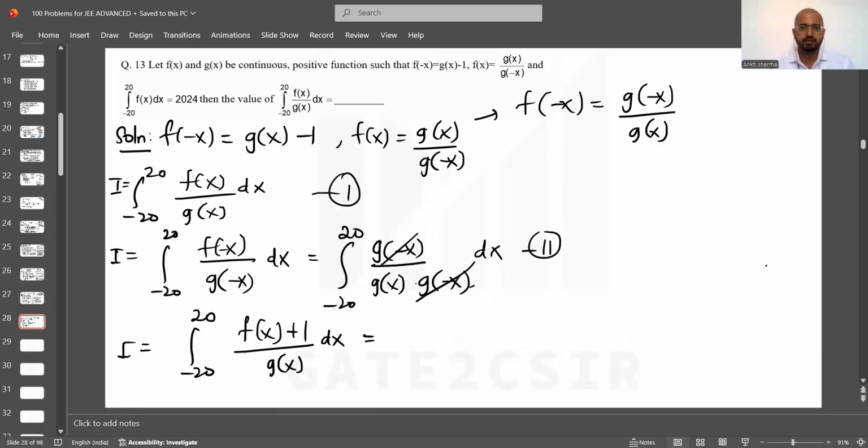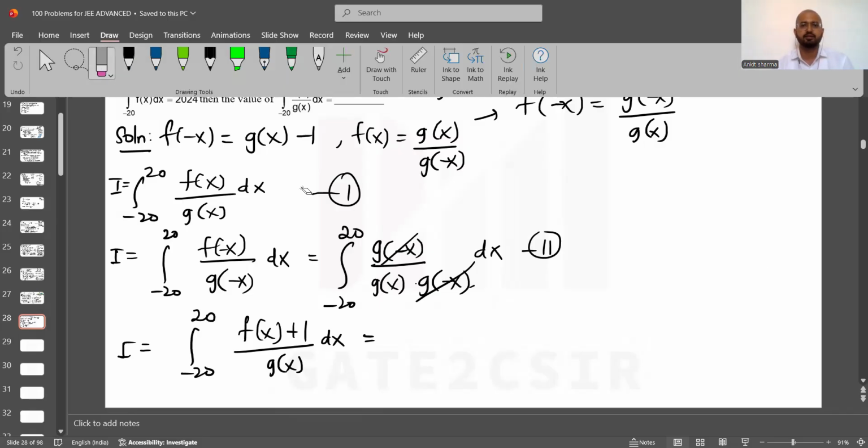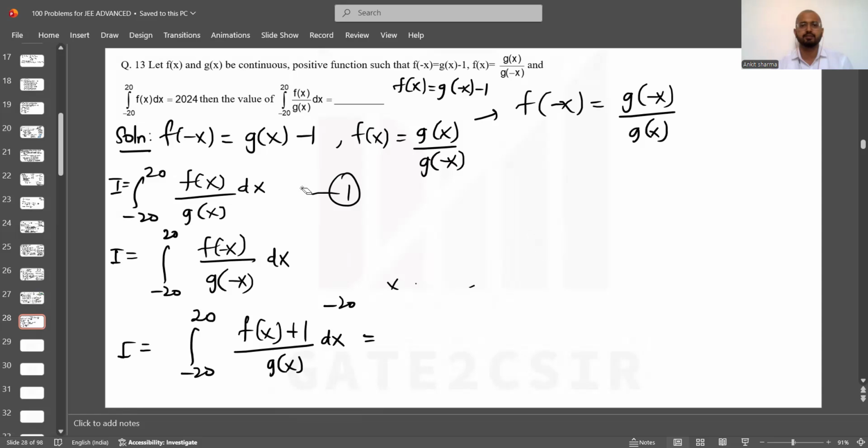Okay, one minute, I think. We are getting the same equation once again, because if I replace here by x, I'll have f of x is equal to g of minus x minus 1. So I get g of minus x, so we get g of x minus 1. Then instead of doing this, we should have done the other way.